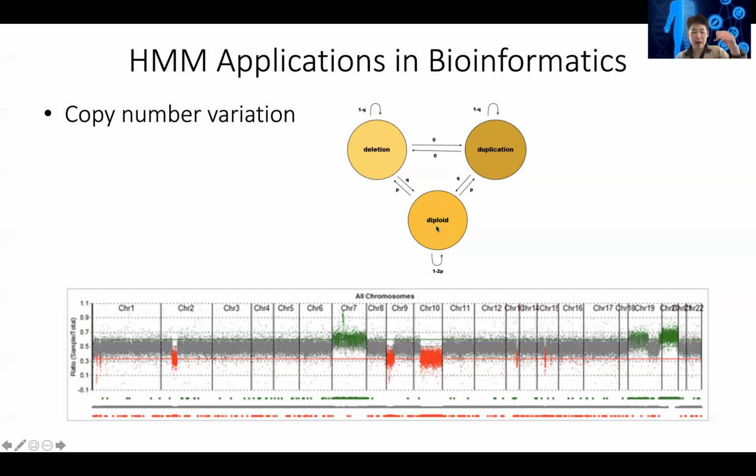So you always go back to diploid before you go to the other possibility. The emission probability is the probability of seeing this level of read coverage or microarray hybridization signal. Deletion has a lower distribution, and duplication will be higher. You can use this to call the copy number variation regions across the genome of an individual.